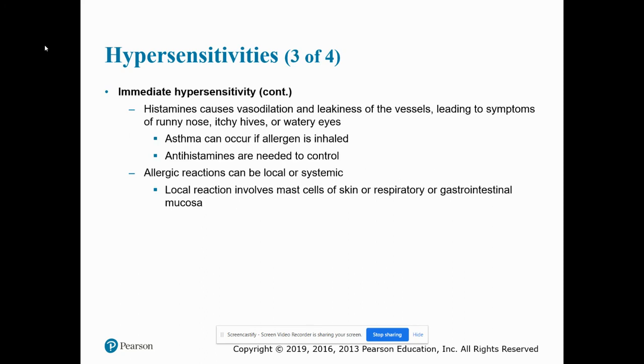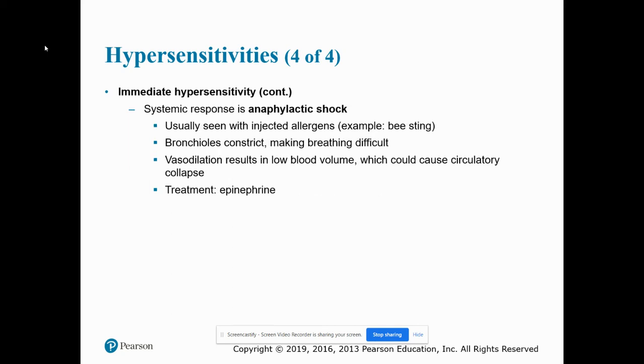Histamines are going to cause vasodilation, leakiness of vessels, which is going to lead to things like a runny nose, itchy hives, watery eyes. If the allergen is inhaled, it can cause asthma. And then antihistamines are needed to control the response. Allergic reactions can be either local or systemic. Local reactions involve mast cells of the skin or respiratory or gastrointestinal mucosa.